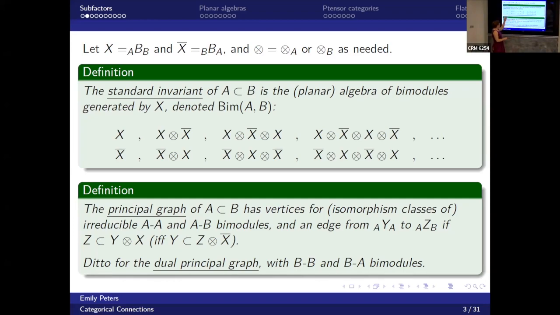But we're allowed to tensor these together if the indices match up. And basically, we can start fitting these together, build up bigger and bigger things, and we can look at the irreducible bimodules that are contained inside one of these powers.